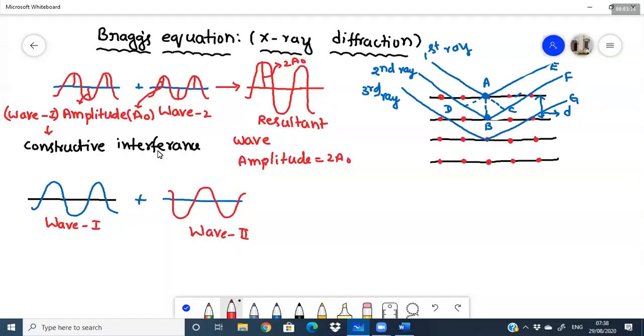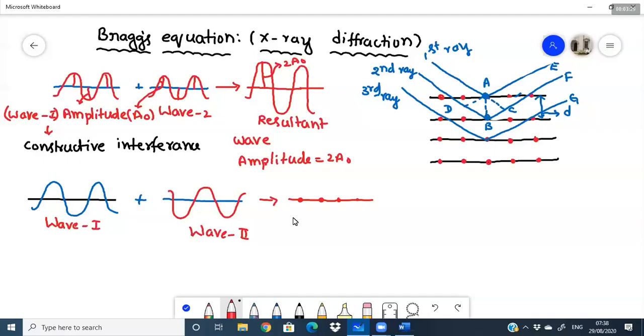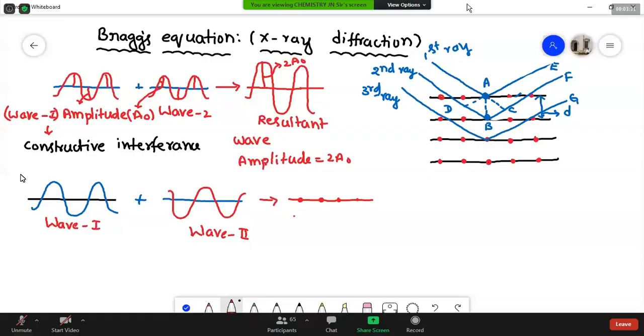Wave 2. Then the resultant wave is not there because resultant amplitude equal to 0. A naught.